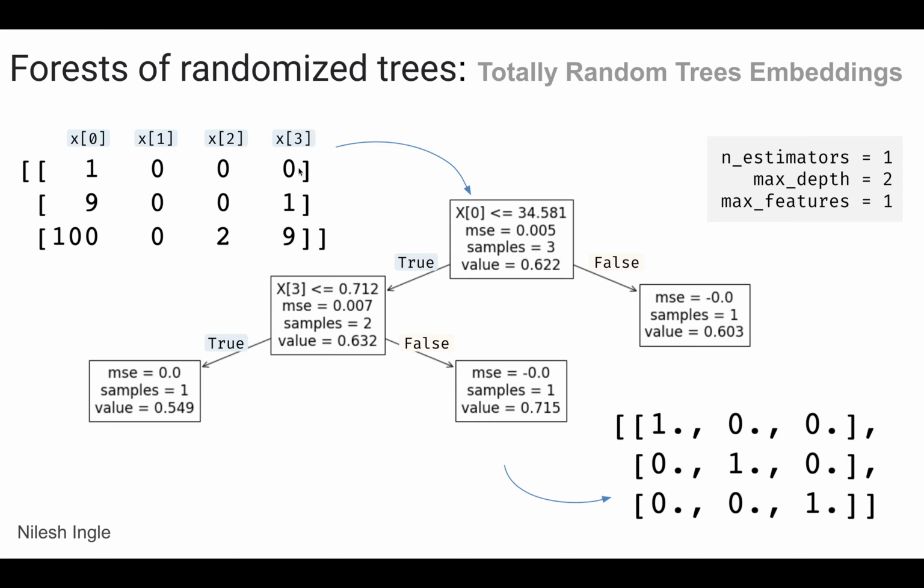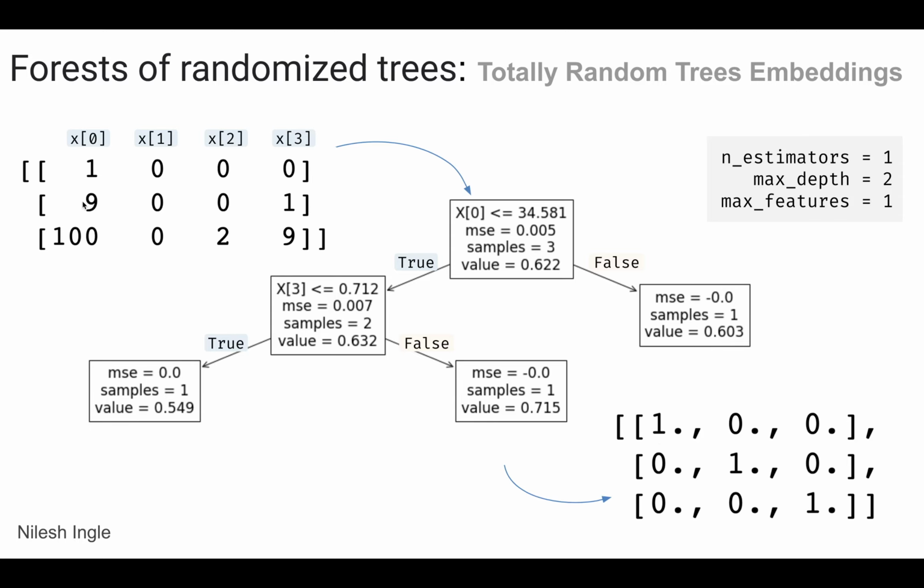So x3 is 0, so again it goes to the left, and so the first row or the first data point or the first sample ends up in this leaf, the leftmost leaf. So we give this leaf a value of 1, then the other two leaves have a value of 0, and so here in the output matrix in the bottom right we have 1 0 0.